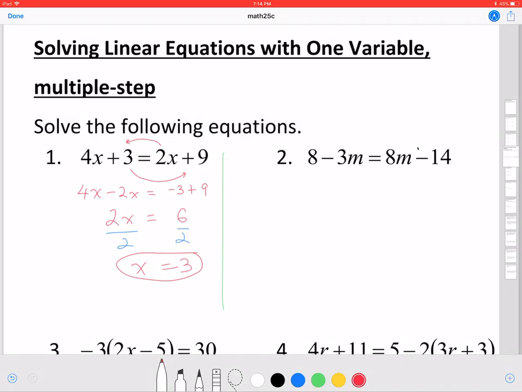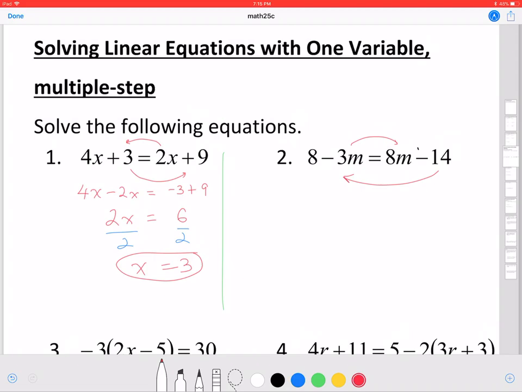Number two is a similar problem. Here it'll be better if you move the variable term m to the right side, so that I have fewer negative signs.